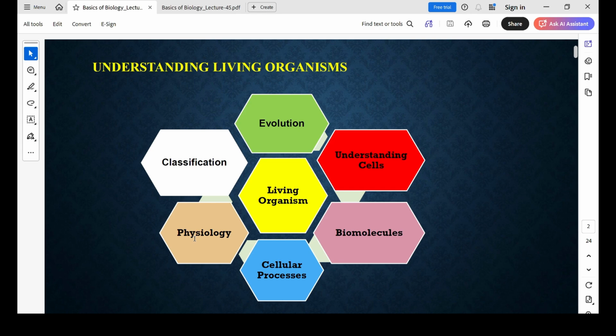Now we are looking at the physiology of what goes on in a human system.